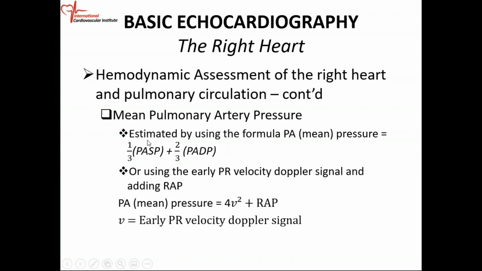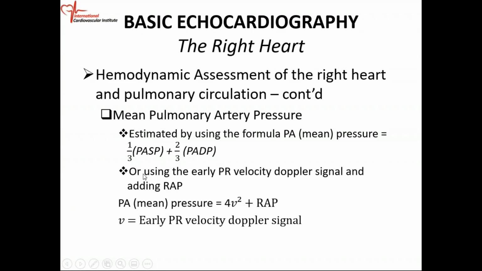We already showed you how to get your pulmonary artery systolic pressure and your pulmonary artery end diastolic pressure. Your mean pulmonary artery pressure is equal to 1/3 the systolic pressure plus 2/3 the diastolic pressure. So once you calculate your systolic and your diastolic pressure, the mean PA pressure is 1/3 the systolic plus 2/3 the diastolic. So you have to remember that.